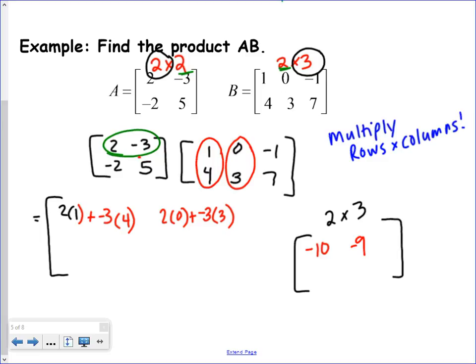I still have one more column to go on my first row. How do I get that third column? I take the first row, 2, negative 3, and I multiply it by the third column. So I would have 2 times negative 1 plus negative 3 times 7. Negative 23.